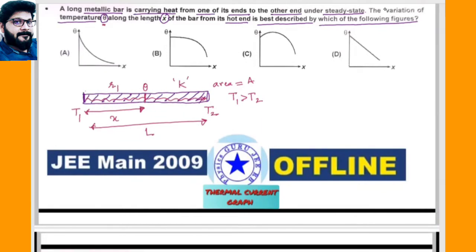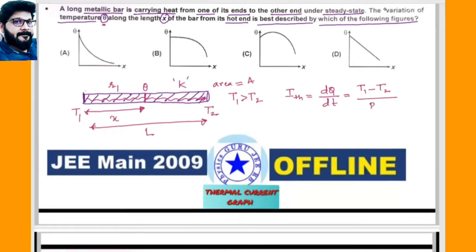Then the thermal current in the rod is given, as in the earlier classes we discussed, as dQ by dt equals T1 minus T2, the temperature difference, divided by thermal resistance.